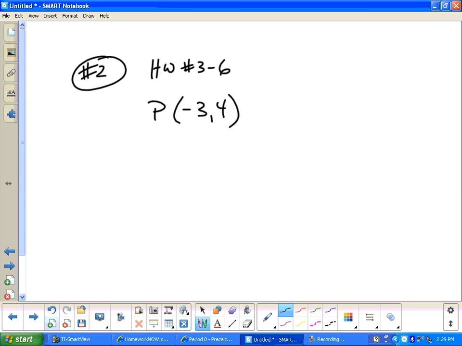And the question will be this: Point P is on the coterminal side of angle theta. Evaluate the 3 trigonometric functions for theta. So sine, cosine, and tangent. Find sine of theta, cosine of theta, and tangent theta.